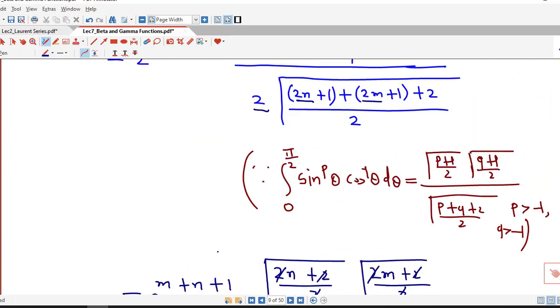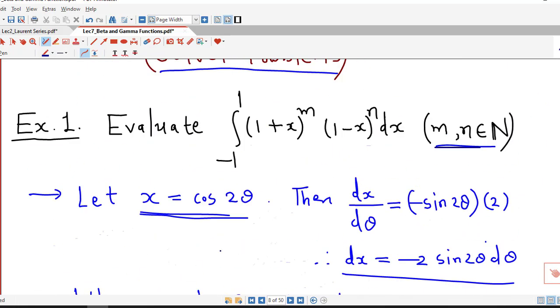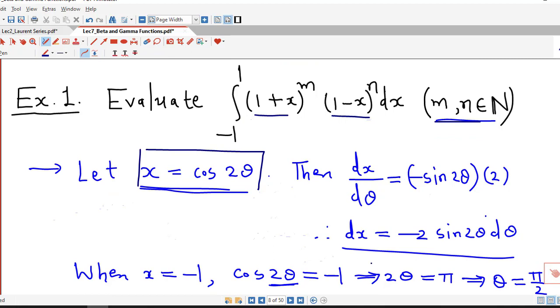So what is the new thing in this problem? Here we have a different substitution: we have 1 plus x into 1 minus x in the integral of the given function. So we are considering the substitution x equal to cos 2 theta, so that we are able to convert this integral into powers of sine and cosine.